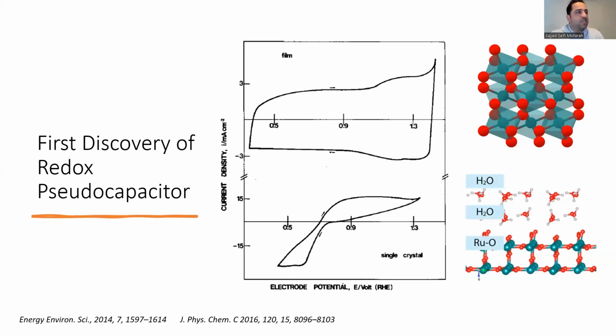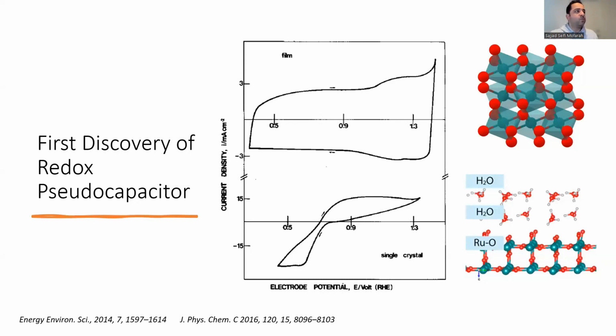Despite the Faraday nature of the charge storage process, if you look at the cyclic voltammogram, the figure in the top middle, the voltammogram has a kind of rectangular shape, and this is a typical shape for EDLCs.